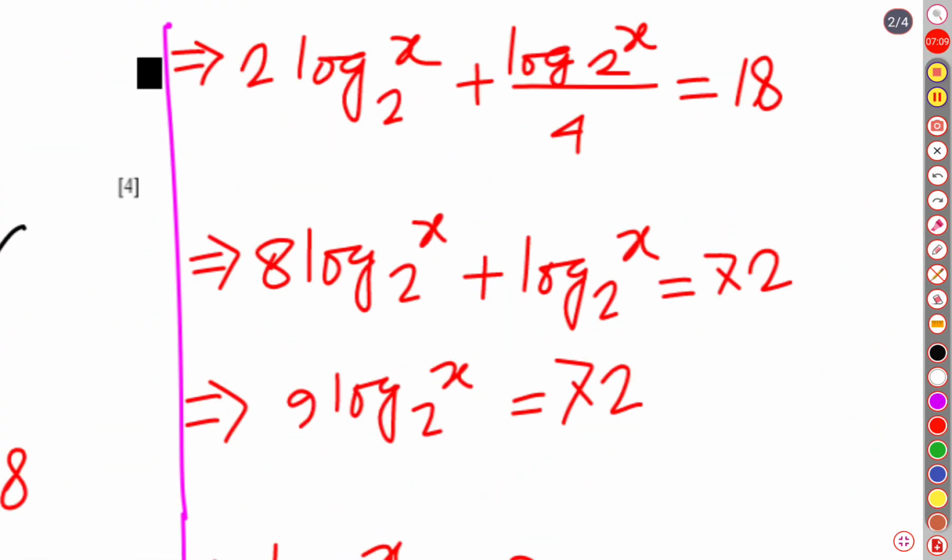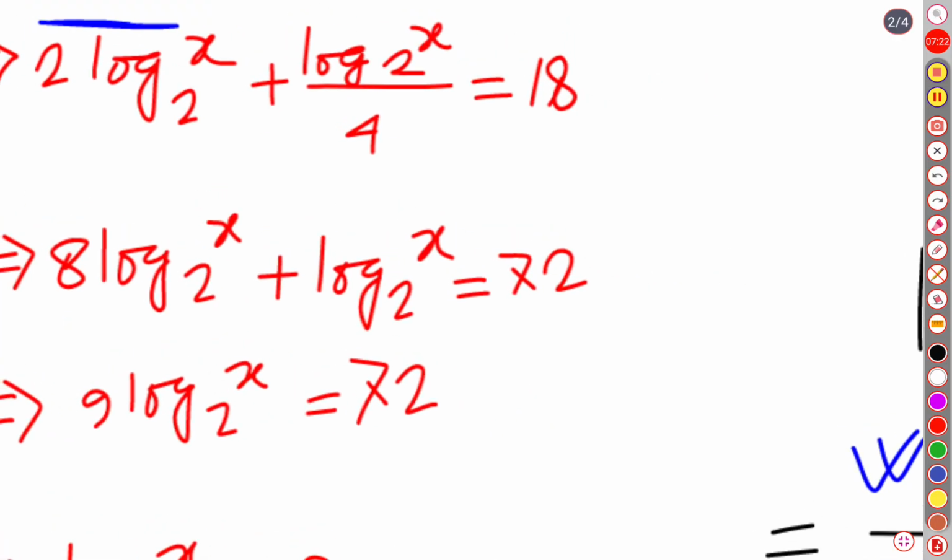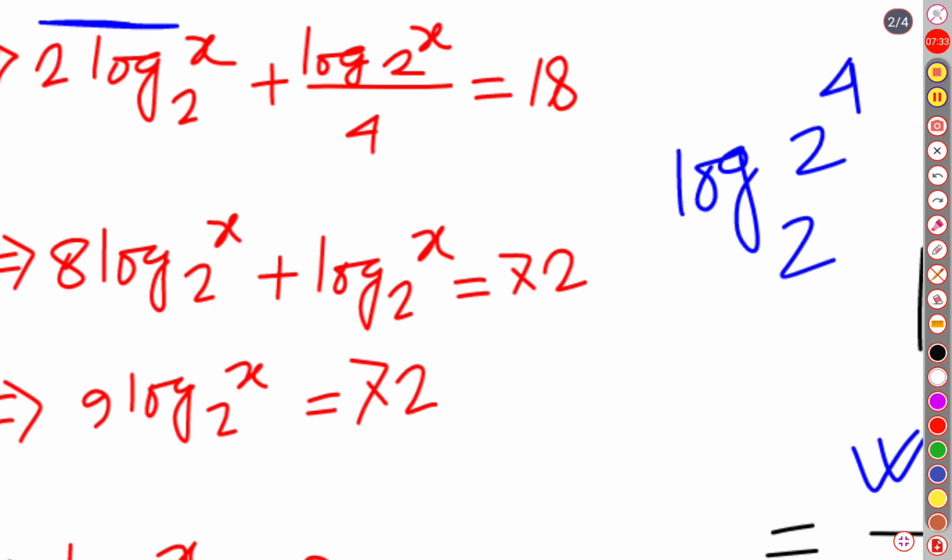In the next part, look, the first log is unchanged. In the second one, what was it? Let me show you. It was log with base 2 and argument 2 raised to 4. And we know a formula: if the base and the argument are the same, the value is 1.